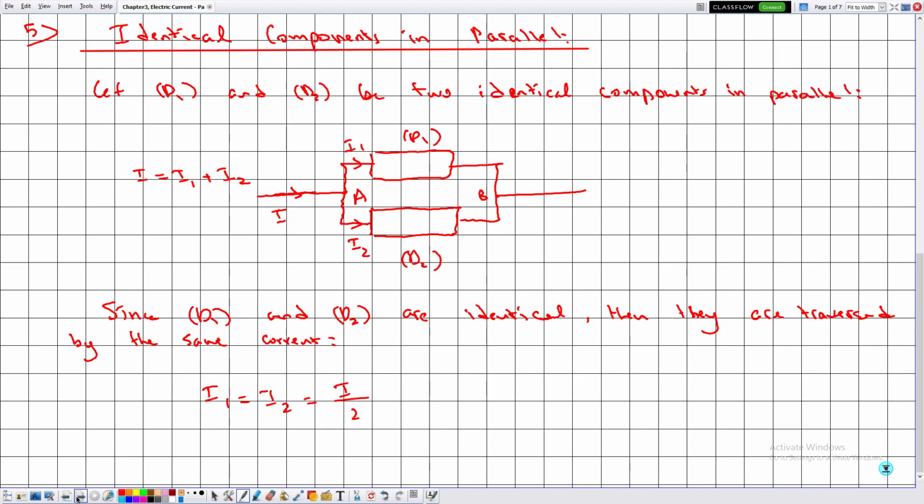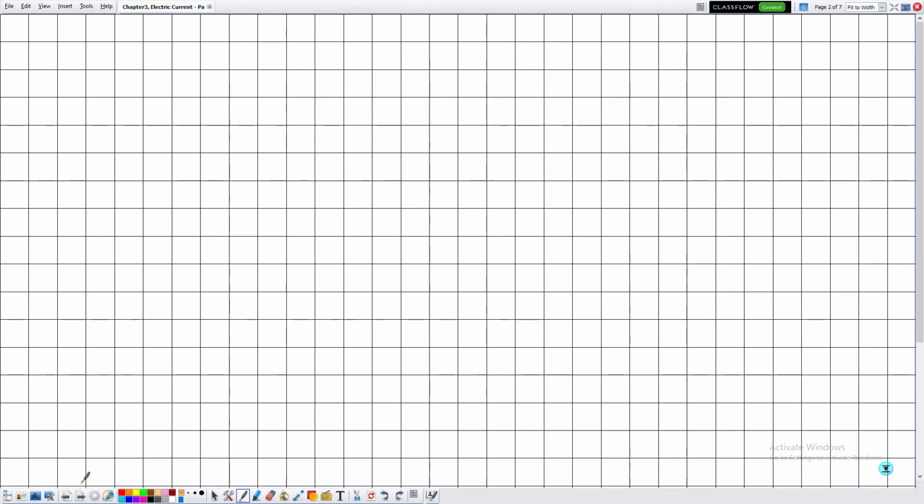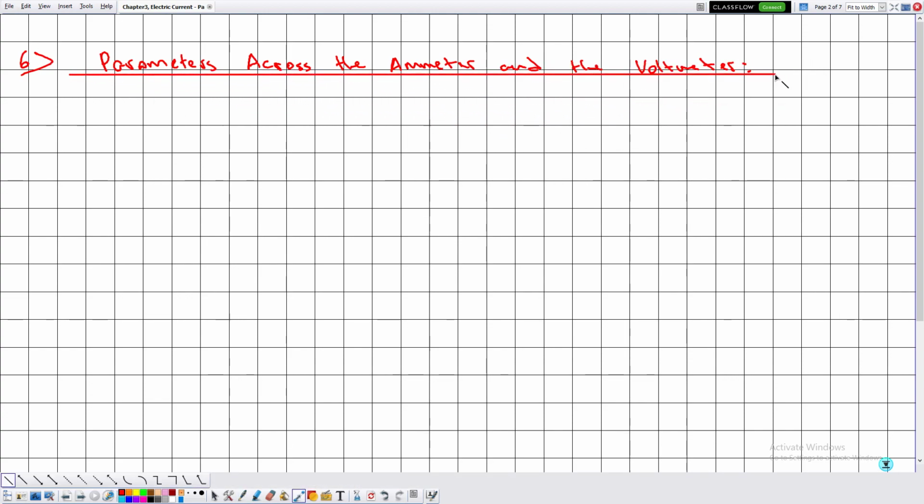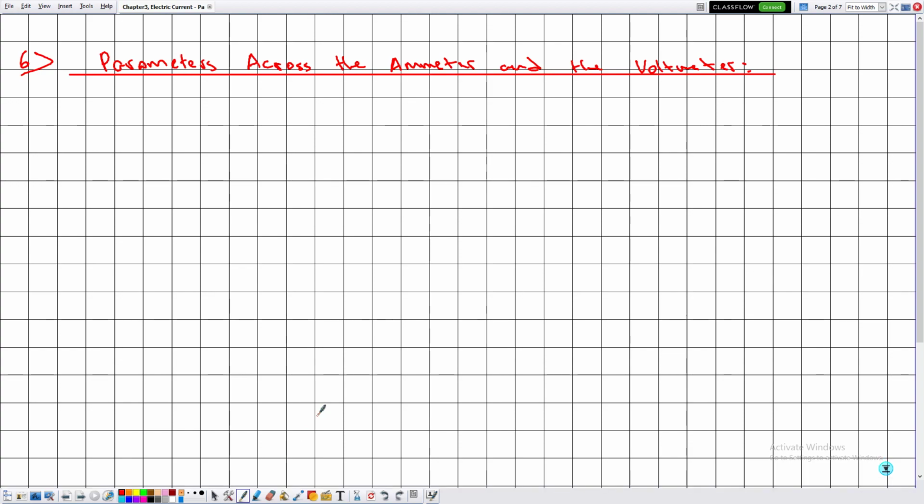Now let's move to the other section, which is section number 6, parameters across the ammeter and the voltmeter. So suppose here, this is idea number 1.